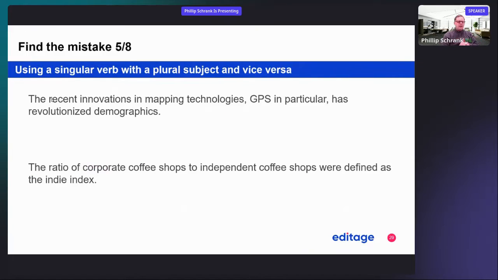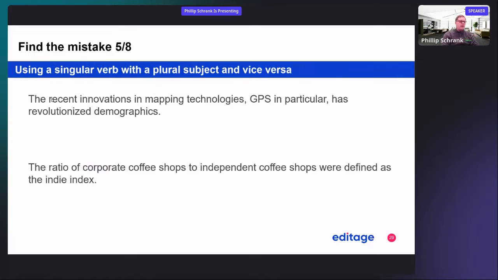Oftentimes when the subject and the verb are not next to each other, it's very easy to confuse the subject-verb agreement. So make sure that you're always using a singular verb with a singular subject, et cetera.